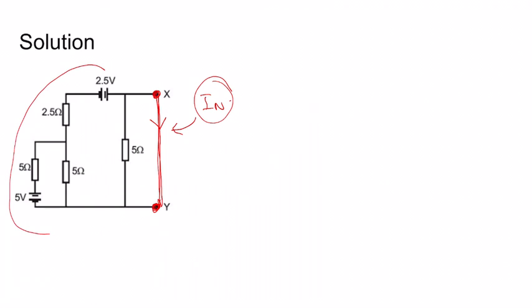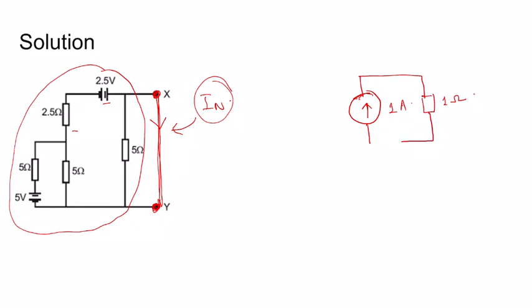In order to determine I Norton, this circuit should be simplified. As I told you, 2.5 volts in series with 2.5 ohms is nothing but a 1 ampere current source connected in parallel with 2.5 ohms.